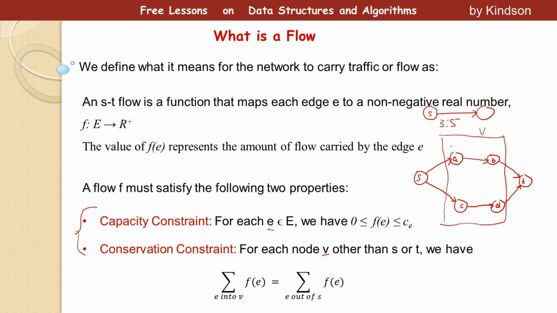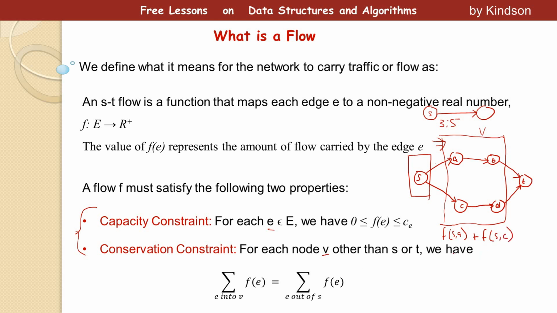So we say the summation of all the flows going into this box is equal to all the flows coming out of it. So we calculate flow on this edge. Let's say flow F on SA plus F on SC, which is this edge.